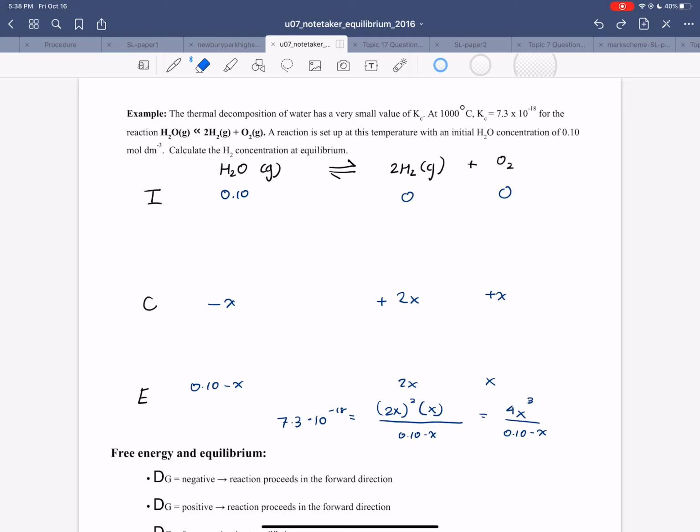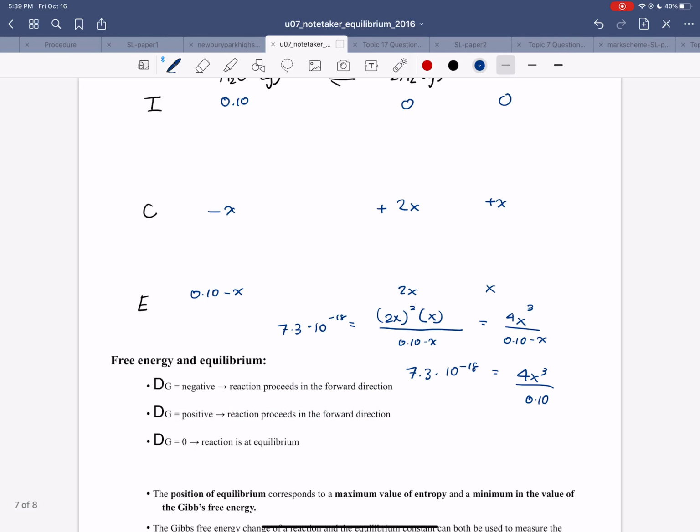Well, we can say, because the Kc is very small, the H2O concentration remains relatively constant. So x, or the amount it changes, is also very small. So for that, we can say that 7.3 times 10 to the negative 18 is equal to 4x cubed over the initial 0.1.